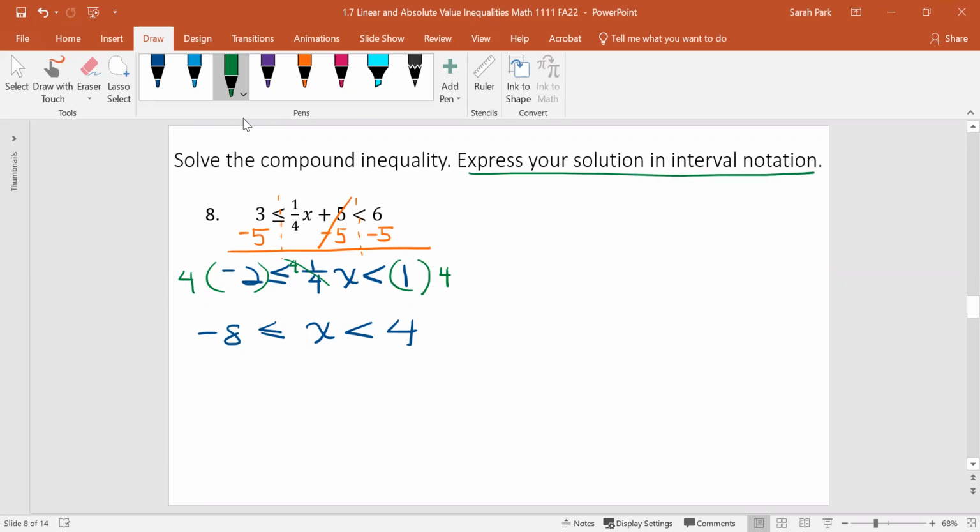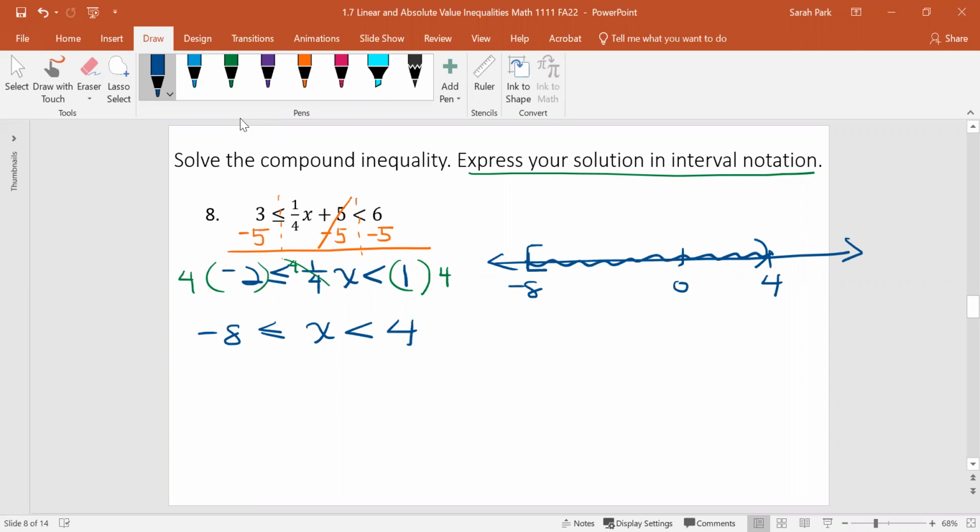Okay, so it says express your solution in interval notation. I'm not asking you to do a number line, but if it helps, we can do a brief number line here. We have 0, negative 8 somewhere on the left, 4 here. At negative 8, we're going to do a bracket, and at 4, we're going to do a parenthesis. And every number in between gets shaded in.